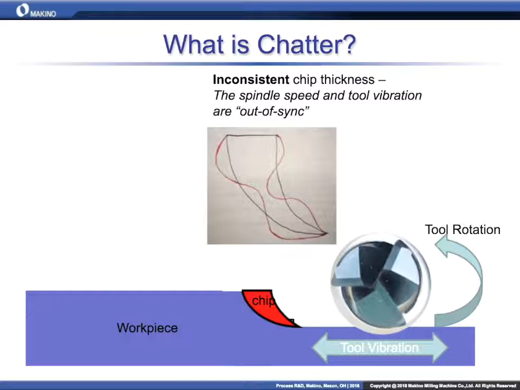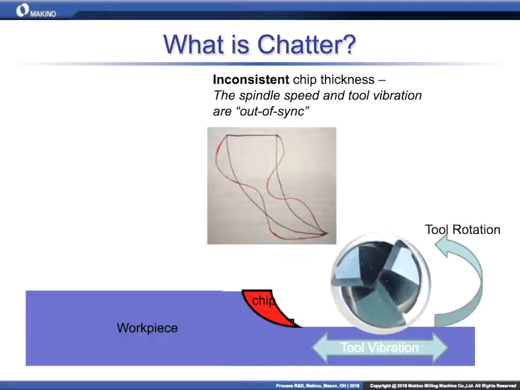In this one, it happens to be the worst case scenario because those two waves line up in such a way that we have a huge chip thickness as we start the cut, then as we work our way down through the cut, it goes to a very, very small chip thickness in the middle, and then goes back to a large chip thickness as you would be exiting the cut for this down milling or climb milling example.